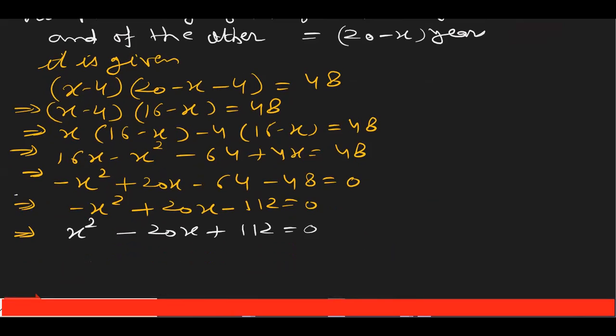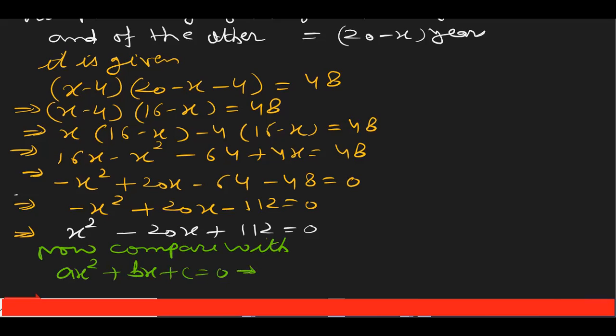Now we have to find out the discriminant. So now we compare with the standard form ax square plus bx plus c is equal to 0.